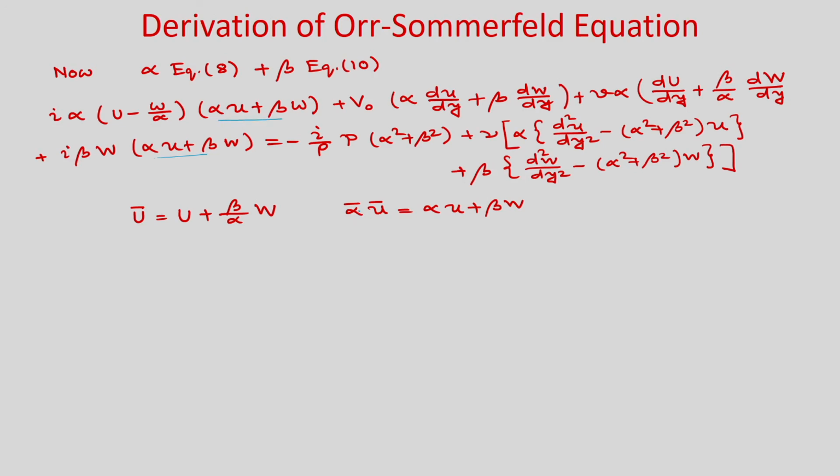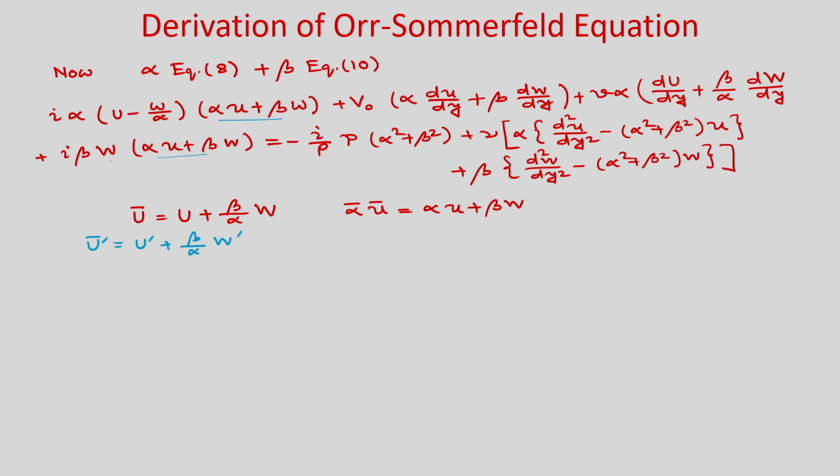So we can use alpha bar u bar here. Also we have du by dy plus beta by alpha dw by dy. We are representing du by dy as u prime, plus beta by alpha dw by dy, so we write w prime. This we can represent as u prime bar.